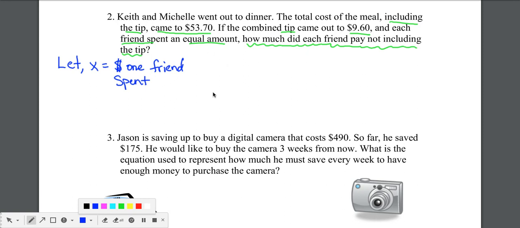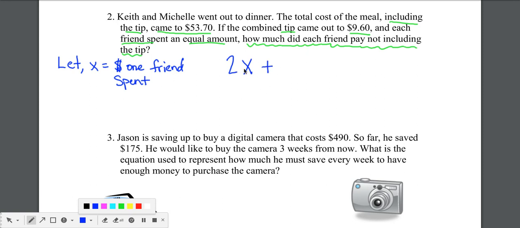So if that's true, then when we write our equation, we're going to start out by saying that each of the friends paid x dollars. Well, if there's two friends, Keith and Michelle, and they're each going to pay the same amount, then we're going to double it to get to the amount of the subtotal, the amount before they added the tip on. So they're going to add everything up.